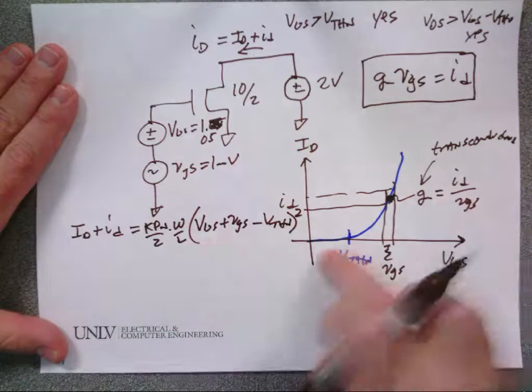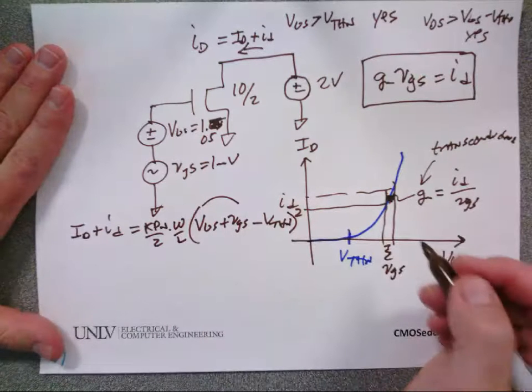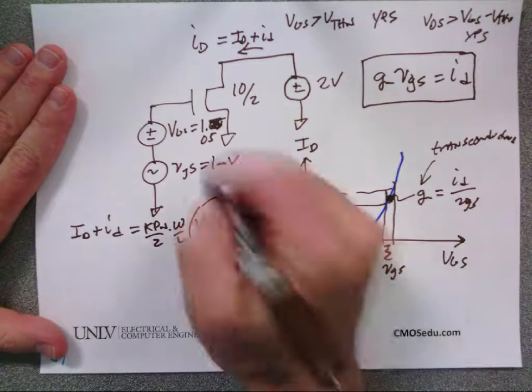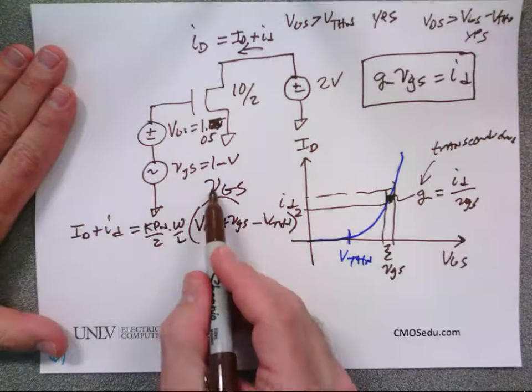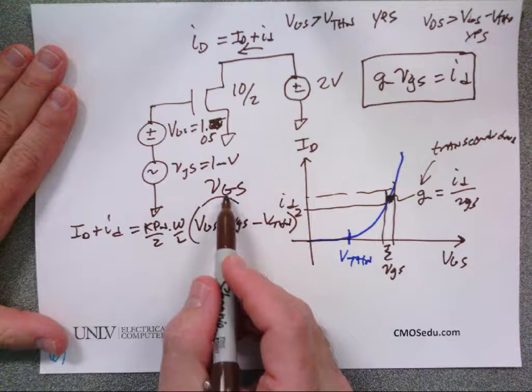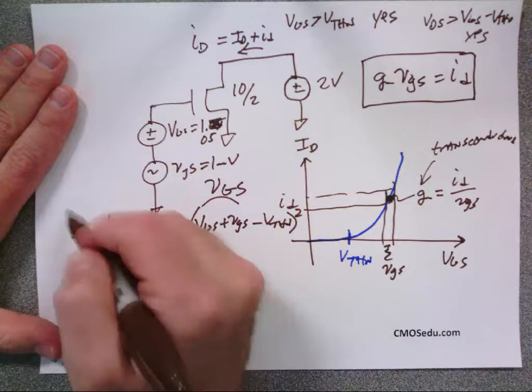That's the equation describing this in the saturation. I can rewrite these two variables as lowercase meaning AC, but uppercase subscript meaning DC plus AC.